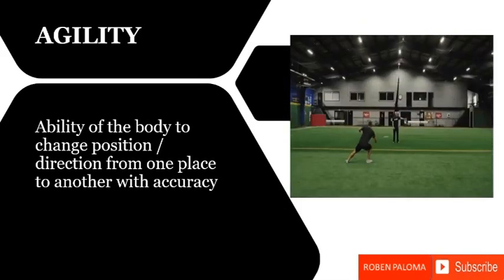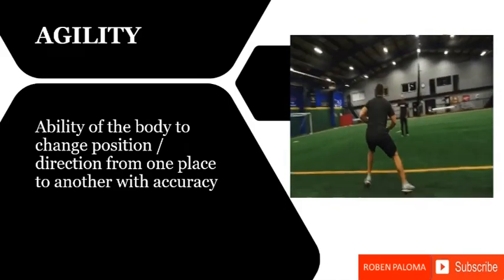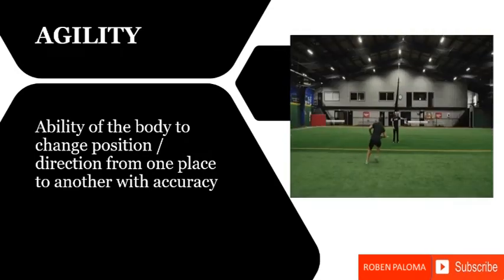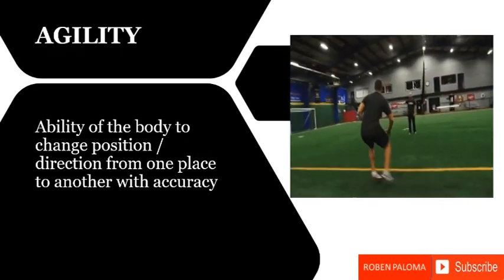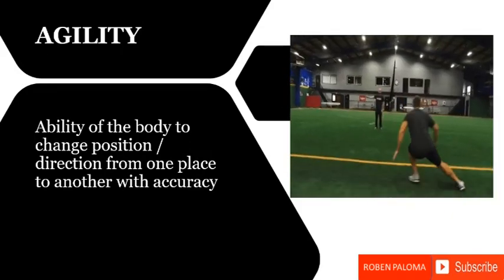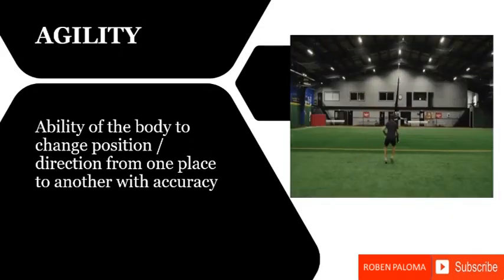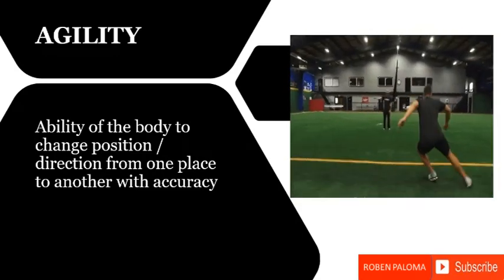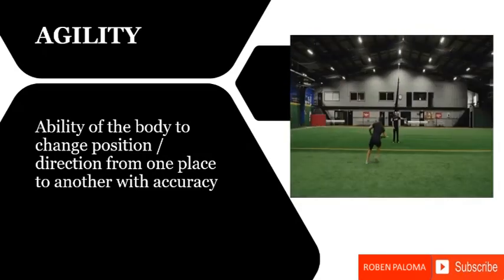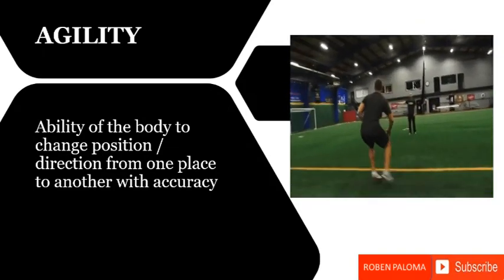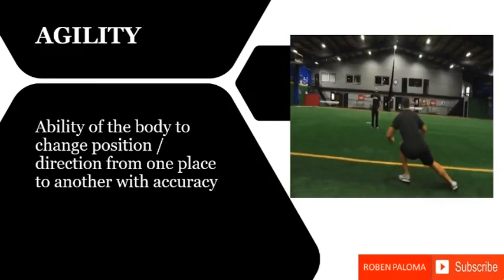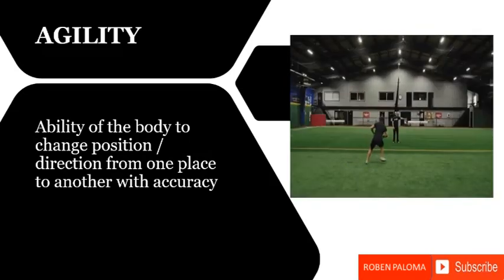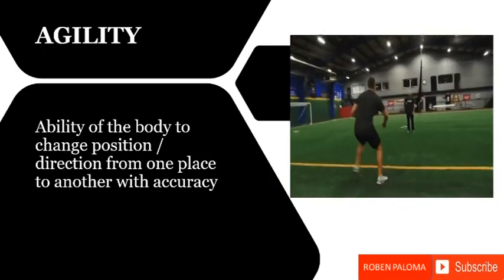Once he transfers, that person is also changing his or her position, and that is what we call agility. Once you change your position, you're also changing your direction. But you must control how you change your position or direction, because if not, unexpected movement might occur, and that is agility.